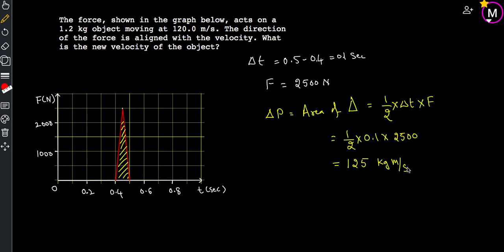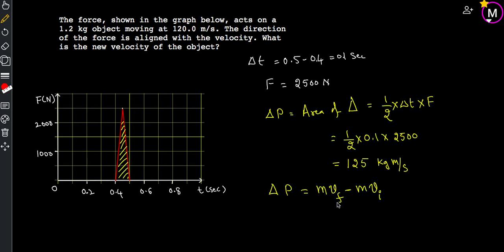So this change in momentum delta P is, from the curve, half of F times delta T. But actually, with final momentum and initial momentum we can find the change in momentum as m v final minus m v initial.